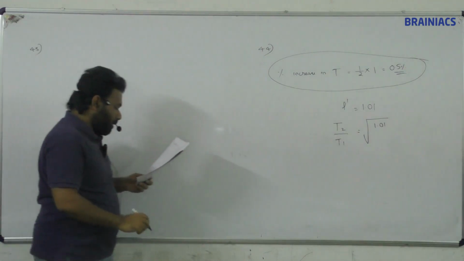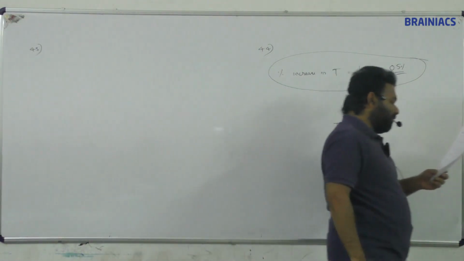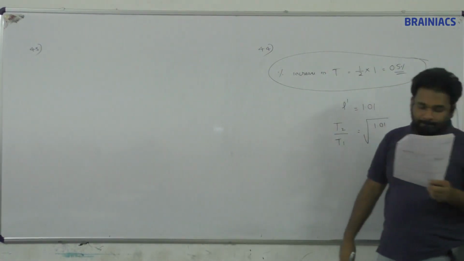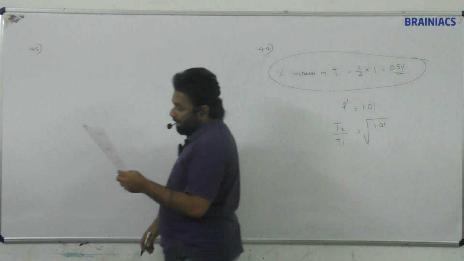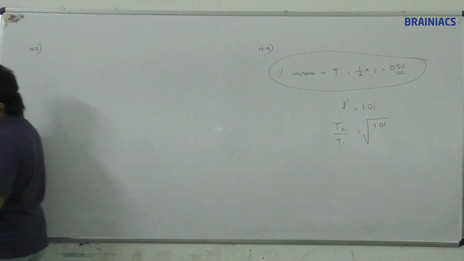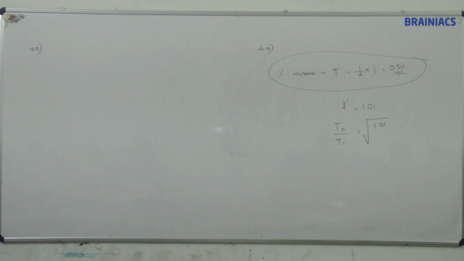Question 45. The bob of a simple pendulum of mass m and total energy E will have maximum linear momentum equal to... This is a question from work, power, energy itself, right?